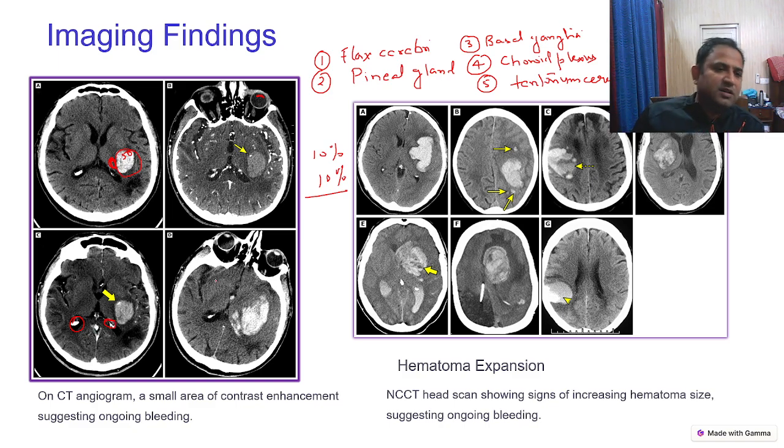So if you look at the brain parenchyma, the brain is divided into the white matter and gray matter, and this area that you see is the junction between the gray matter and the white matter. So this white matter has got the hyperdensity in an NCCT head.